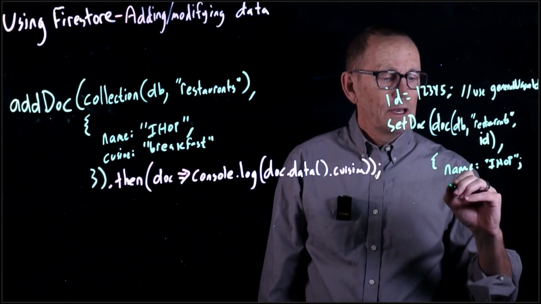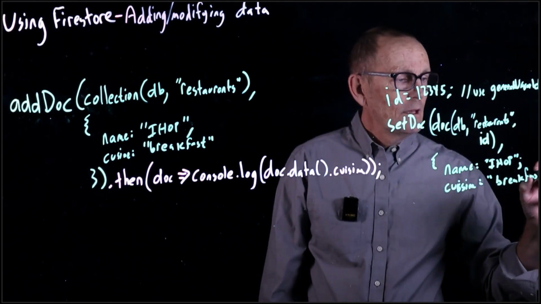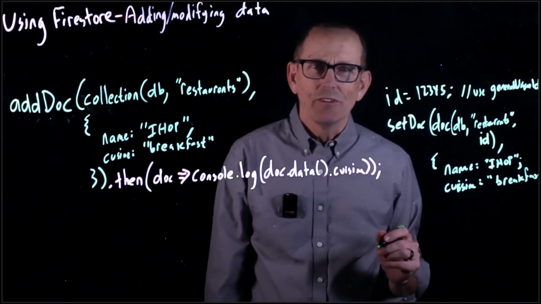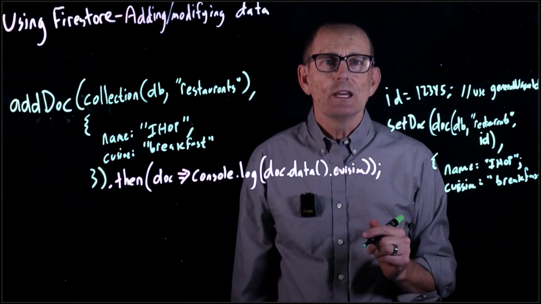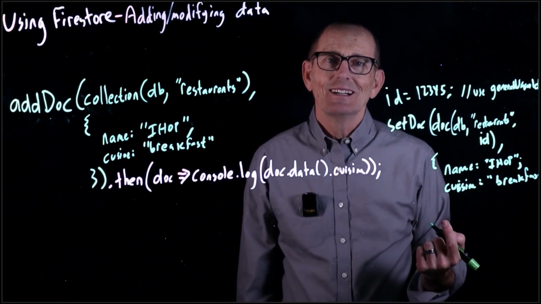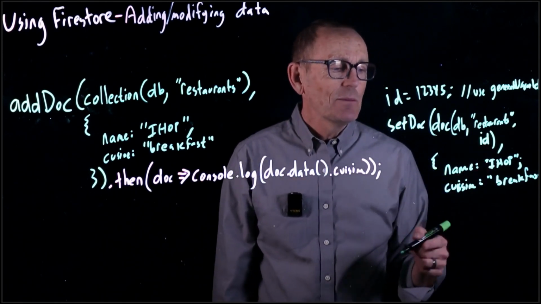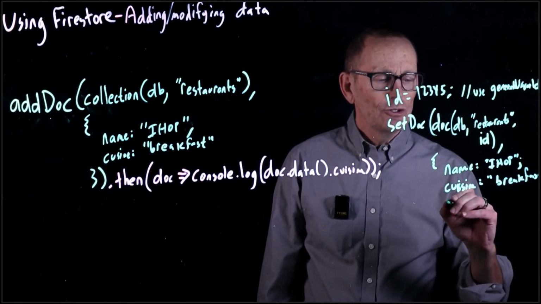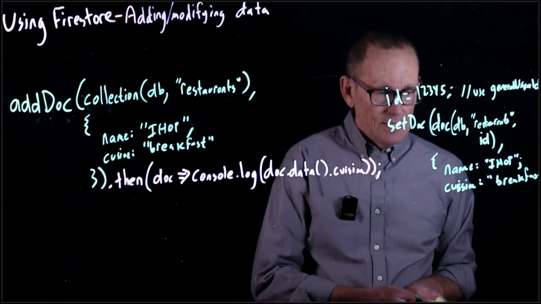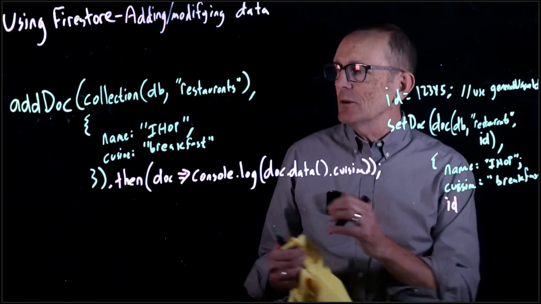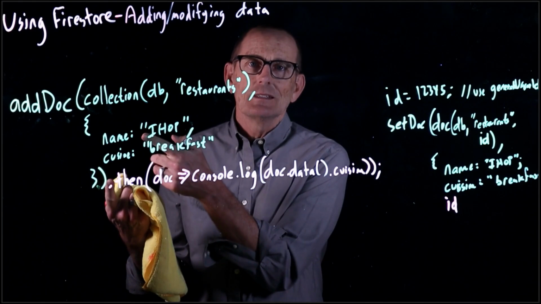name and our cuisine. It's also often handy to provide actually an ID field in with your data. It's possible to get your ID from the metadata of the document, but it's sometimes simpler to just put it right inside. So we could choose to put in the ID here. Here we couldn't put in the ID because we didn't know the ID at this point.